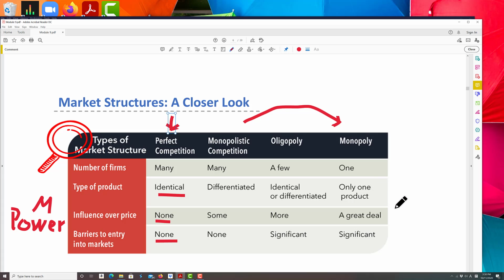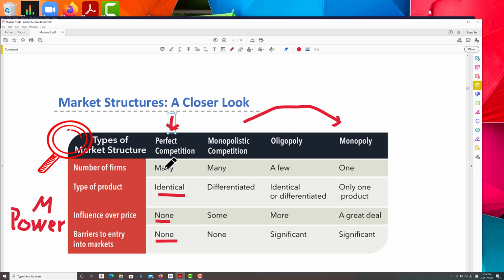Do monopolies have market power? Yes, and they try to fix the price. Are there barriers to entry into this market? Yes, because there is only one firm in the market, they must have significant entry barriers.